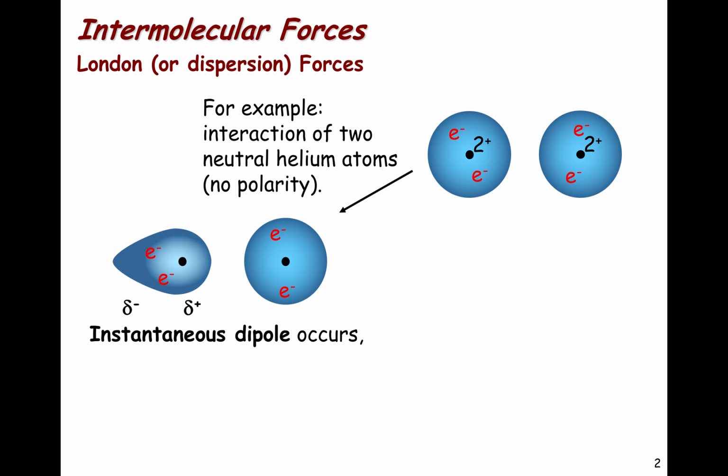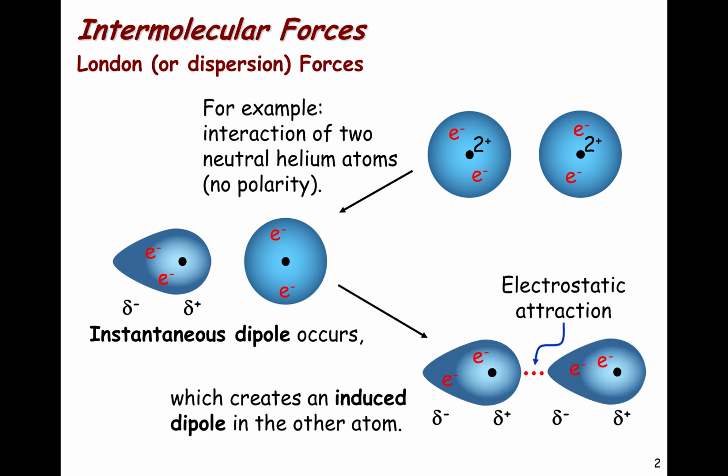Likewise, the second helium atom will be influenced by this, and it would distort the electron cloud and result in an attractive force between the two temporary dipoles that have been created, as you see down here to the right.